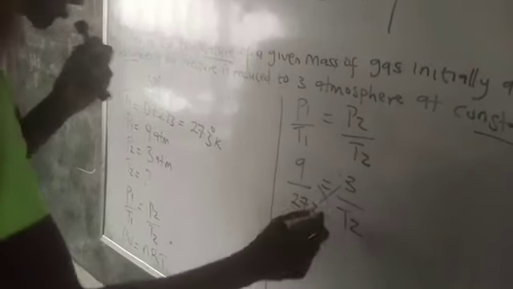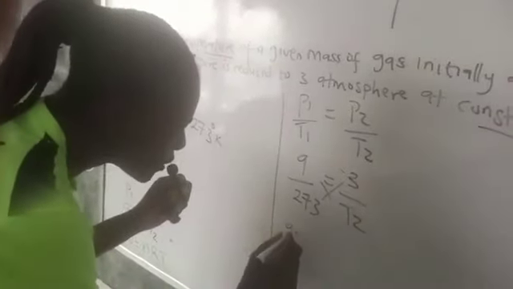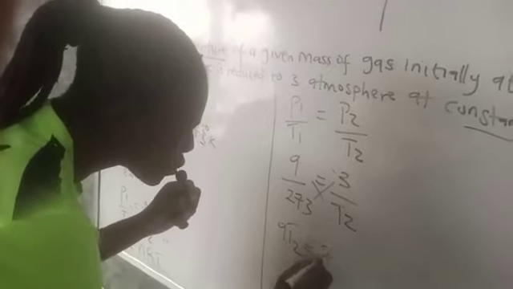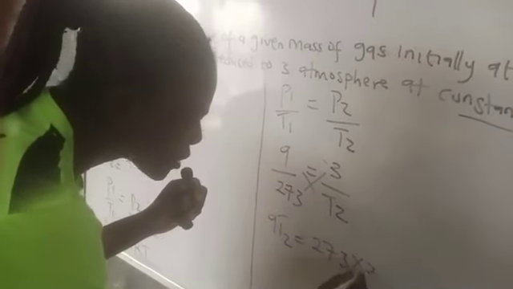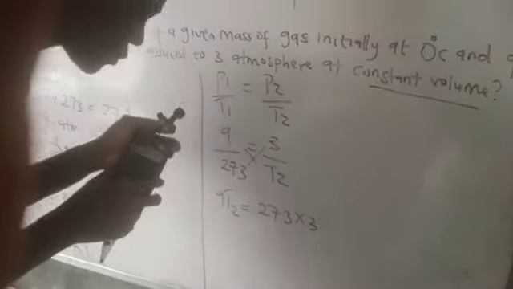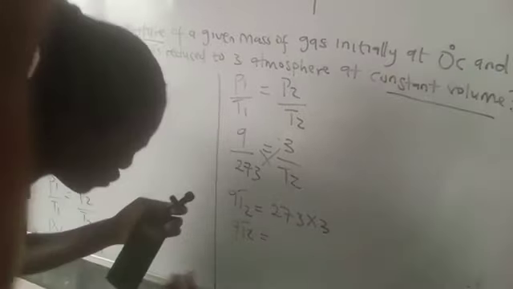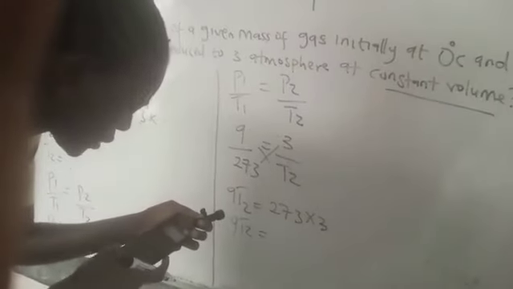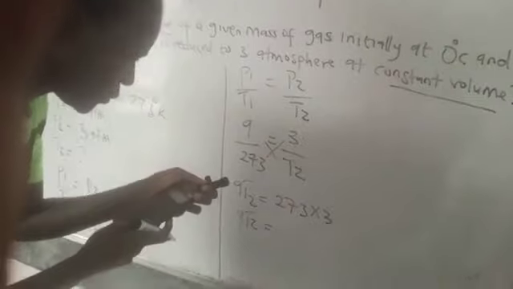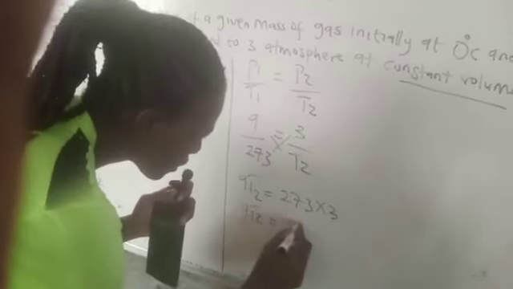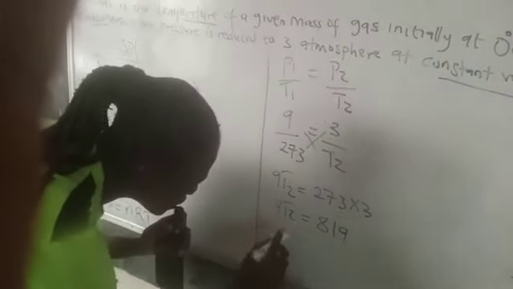So we cross multiply, and we have 9T2 is equal to 273 times 3. 273 times 3 is equal to 819. So we divide both sides by 9 to get our T2.